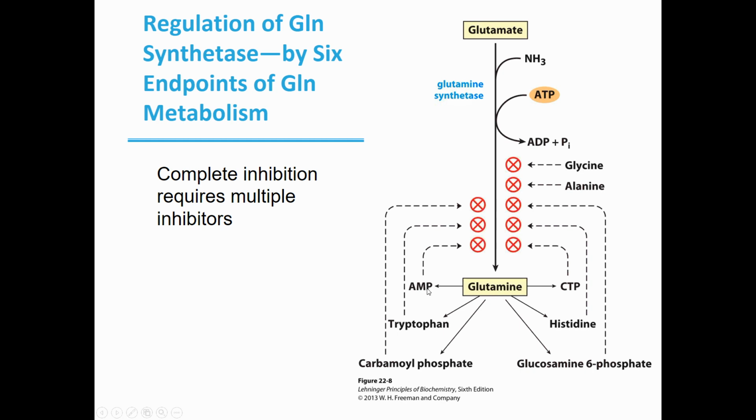Also, we see that AMP and CTP, some nucleotides, inhibit this incorporation of amine groups into glutamine. And we're going to see that this is related to, as we go into the end of this chapter, glutamate and glutamine are very important in the transfer of amine groups to produce nucleotides. So again, if we have a lot of product, we want to go back and inhibit some of those preliminary steps.